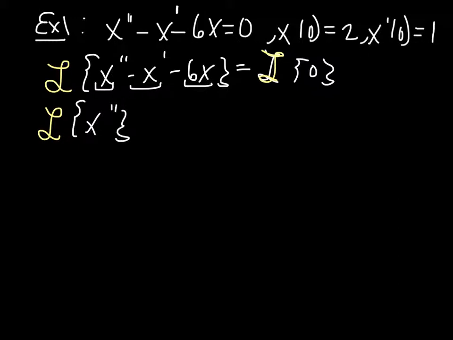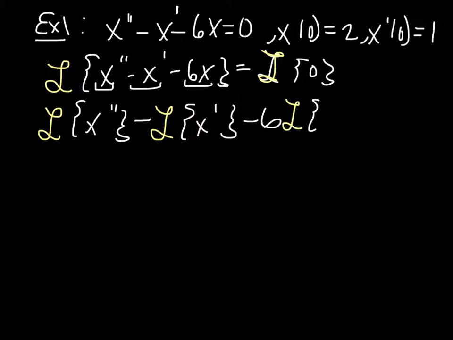So x double prime, I can go ahead and write just minus the Laplace transform of x prime, right? And then I'm going to go ahead and just take out that 6. We can take out that constant, using again the property of linearity. So we have minus 6 times the Laplace transform of just x. And the Laplace transform of 0 is just 0.